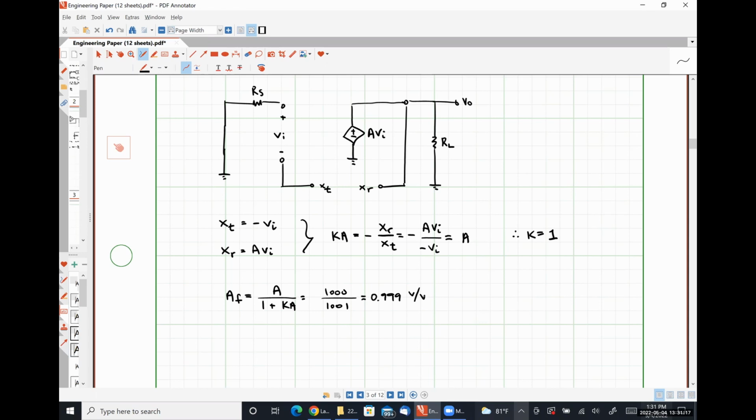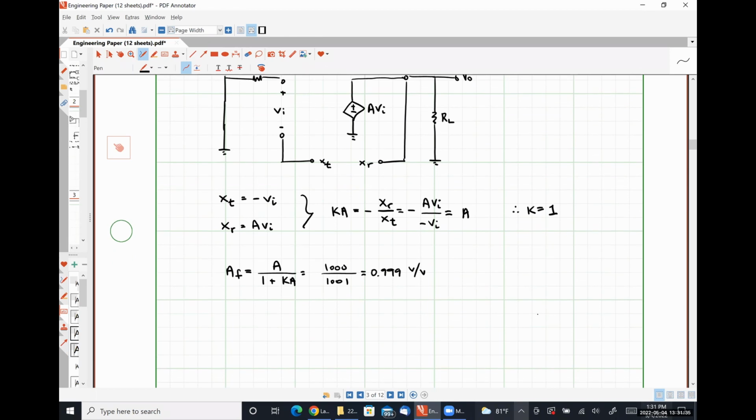All right. And then obviously, the larger our open loop gain is, the closer and closer this gets to actually being 1. For our amount of feedback, well, that's just our denominator here, right? 1 plus KA is simply equal to 1,001.